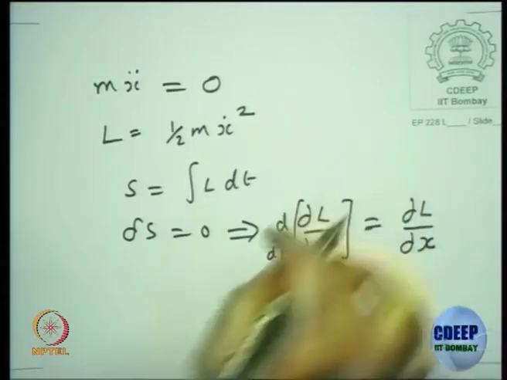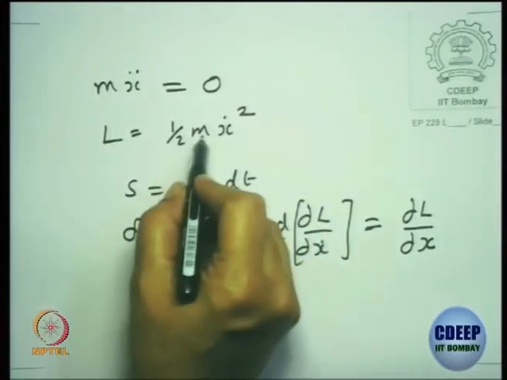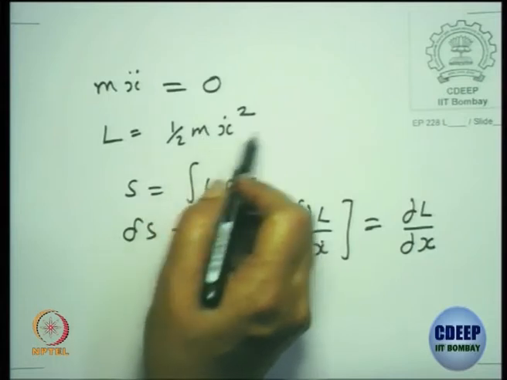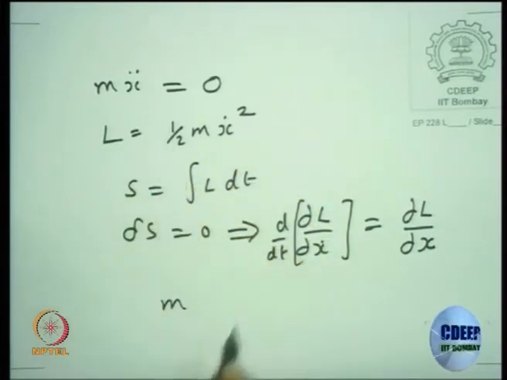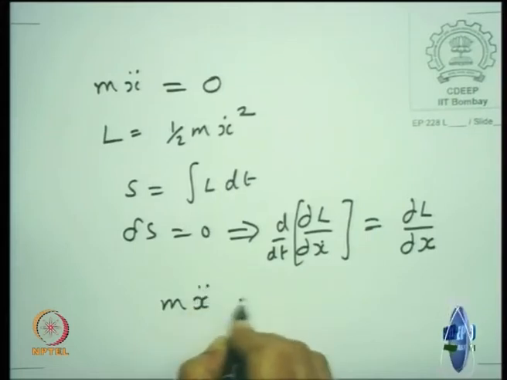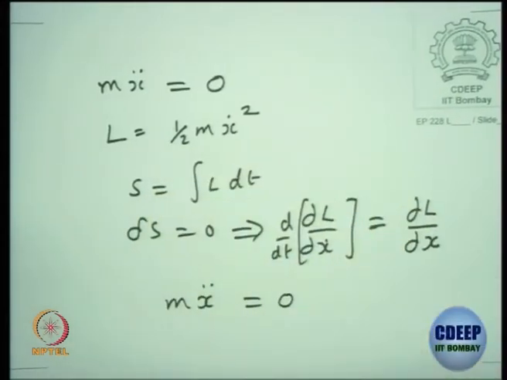If you substitute the given Lagrangian, del by del x dot will give you 2m x dot, and the half is already there, so d by dt gives m x double dot, and del L by del x is 0, so that is why you get this equation of motion.